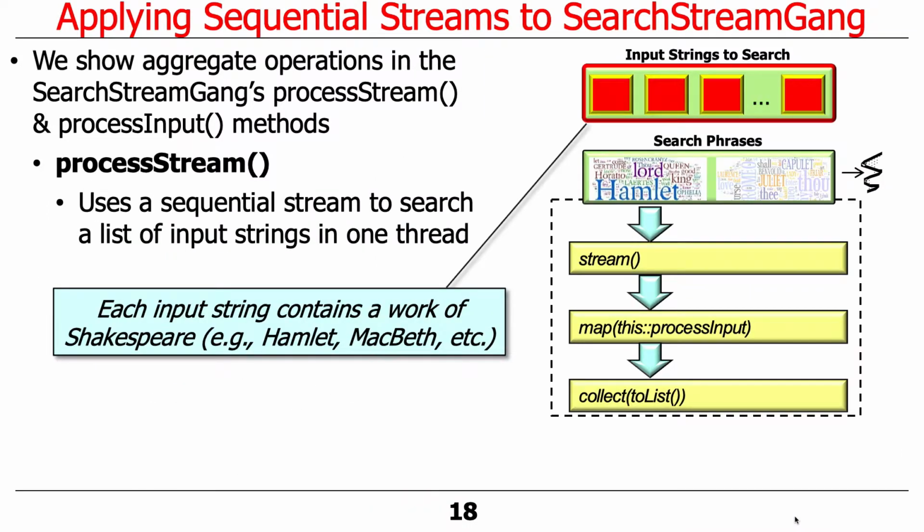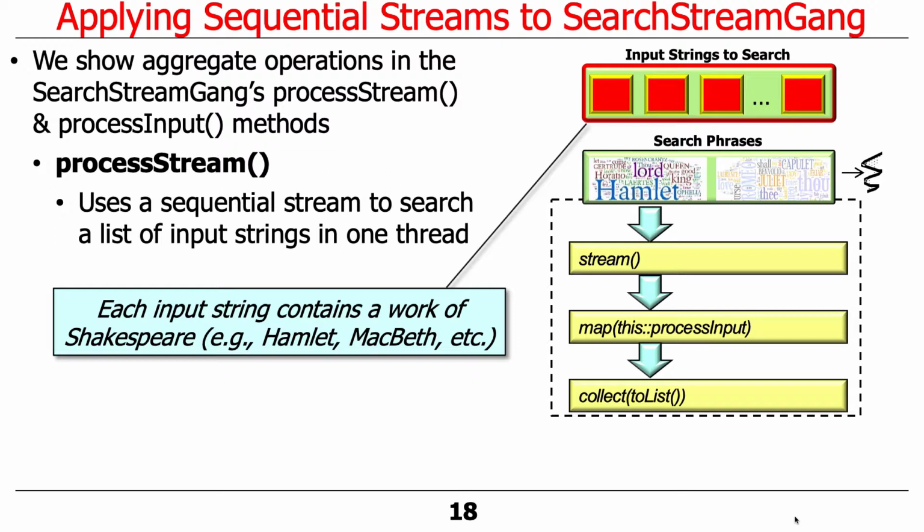Let's talk briefly about what process stream does. It uses a sequential stream, so that means it's running in the main thread of control, and it's going to search a list of input strings in a single thread, and then call out to the process input method to find the phrases in that string.